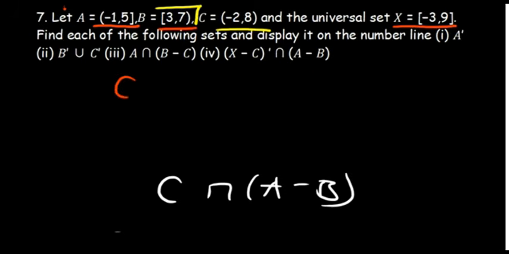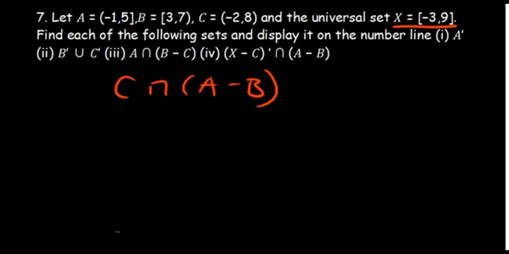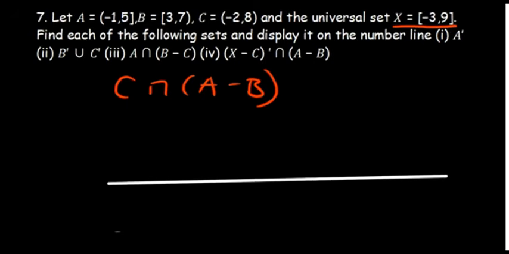So we have C intersection A minus B. We have our C there. Do we have A minus B? No, we don't. So A minus B means A without B. Our A is moving from -1 to 5.